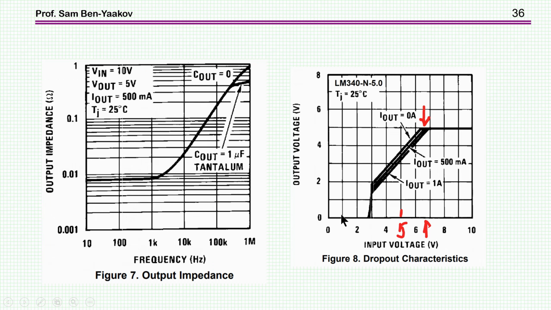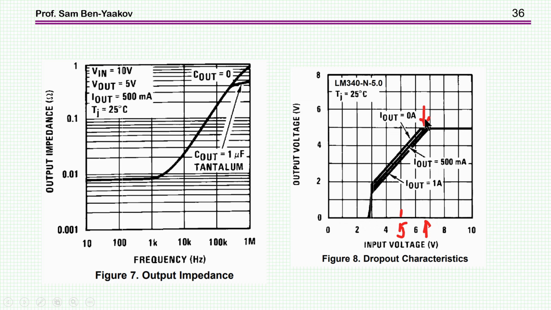Now, what about the dropout? It's not shown here directly, but we can judge it from this graph. What it shows here is for a 5 volt unit, you increase the input voltage, and then obviously the output will be low at the beginning, and then eventually stabilize.